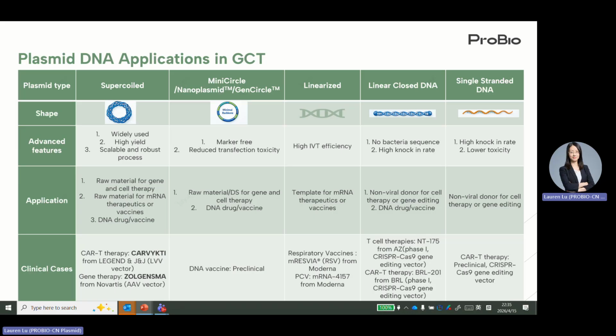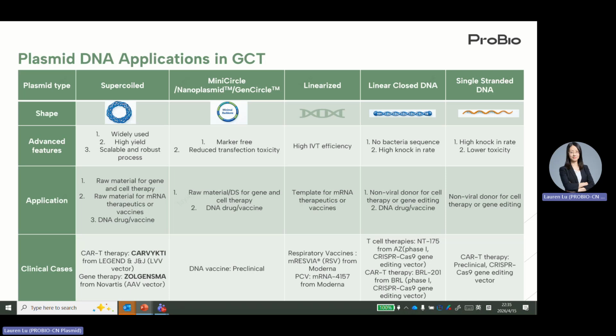Another gene therapy case is Luxturna from Novartis, which is a viral vector-based medicine. And because today's talk is about mRNA template plasmids, linearized DNA is known as the starting point template of IVT for mRNA.